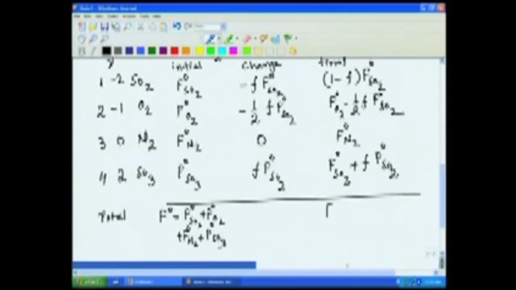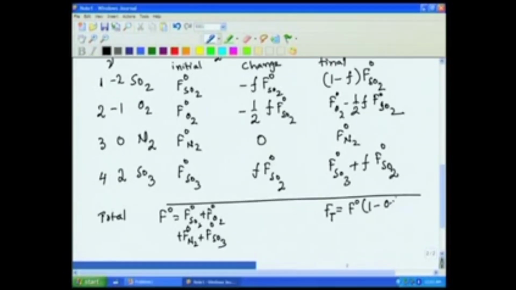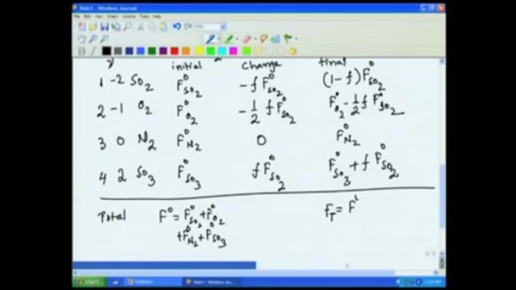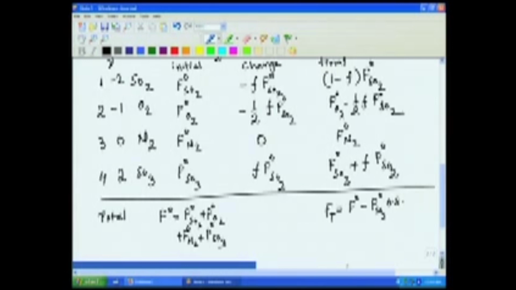We will get F t total, that is the final one, as F naught minus F SO2 naught into 0.5 into F, if you add up all these quantities.